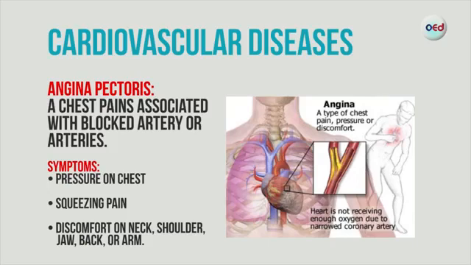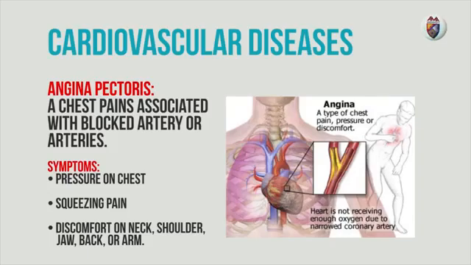When this happens, you should be aware of symptoms like uncomfortable pressure or squeezing pain in the center of your chest. In life-threatening situations, you must be aware that symptoms of angina pectoris also include discomfort in your neck, shoulder, jaw, back, or arm. All symptoms of angina pectoris must be taken seriously, and when this happens, professional help must be sought immediately.